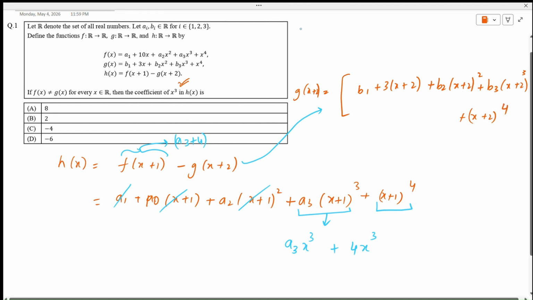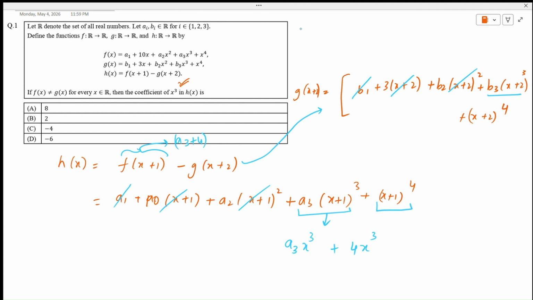We will not get any x cube terms in the first three terms. In the fourth term, we get b3 x cube, and from the last term we get 8x cube, right? 4 into x cube into 2. So the coefficient of x cube here is b3 plus 8.